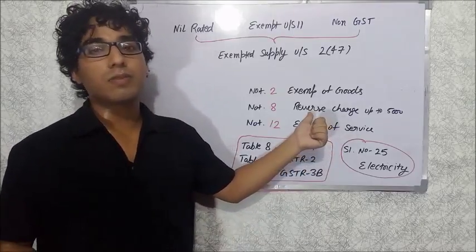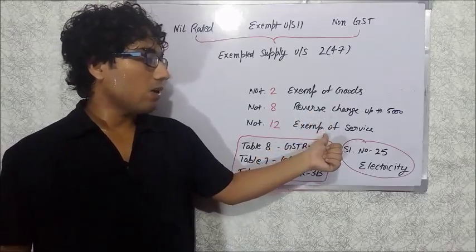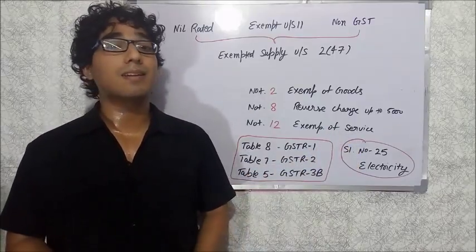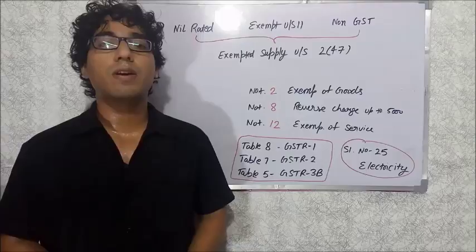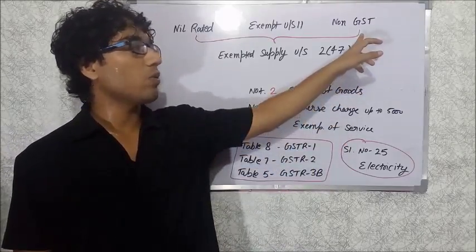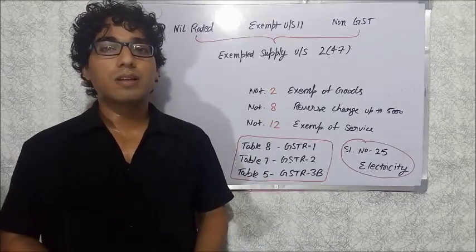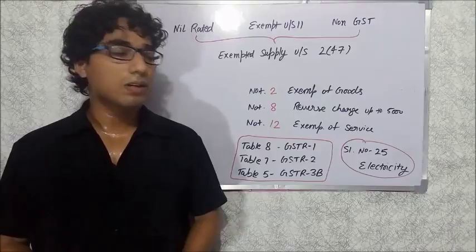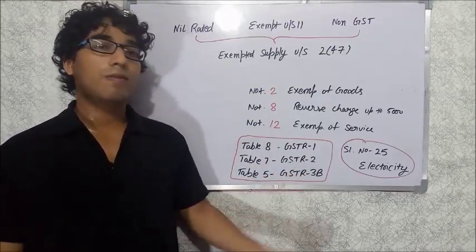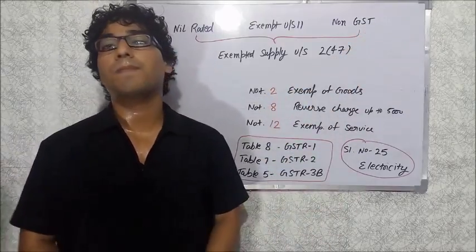And also exemption of service, like the electricity bill, which everyone receives, so you should also give the detail of the electricity bill into table number 12. And when you receive petrol or diesel for your generator in your office, then you should give the detail of those in table number 7 of GSTR 2 and table number 5 of GSTR 3B in the column of non-GST inward supply.